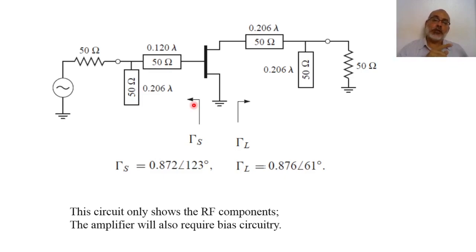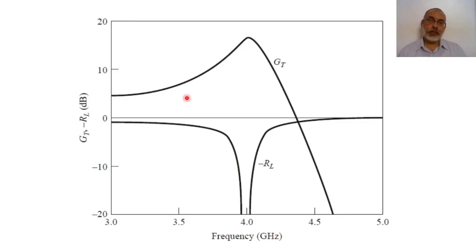And we should check if this gamma load and gamma source lie in the stable region or not. If they are not lying in the stable region, it means that this amplifier will oscillate at 3 gigahertz. By doing this, we can obtain the gain as a function of the frequency, and the reflection loss also as a function of the frequency.